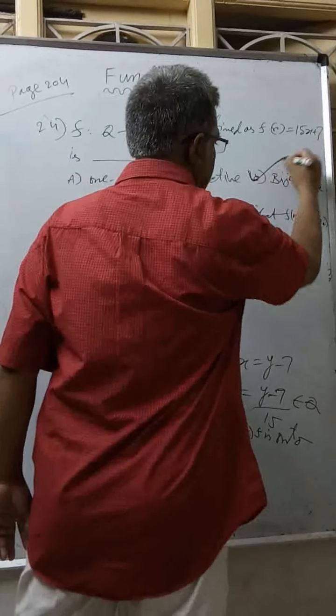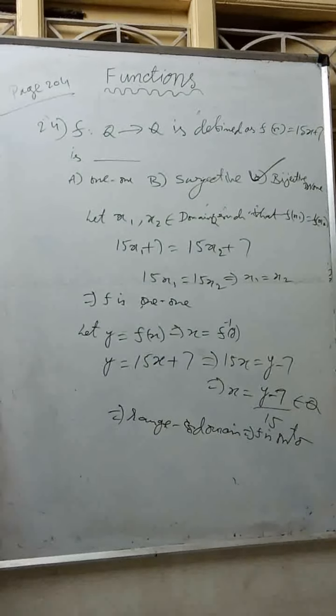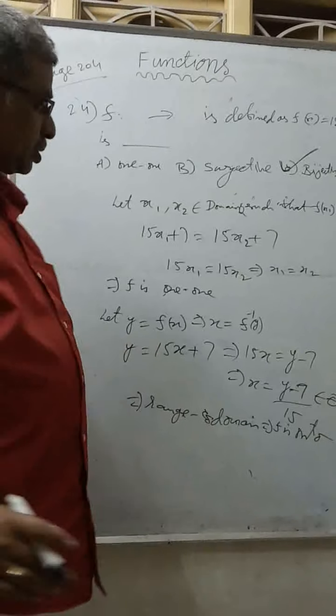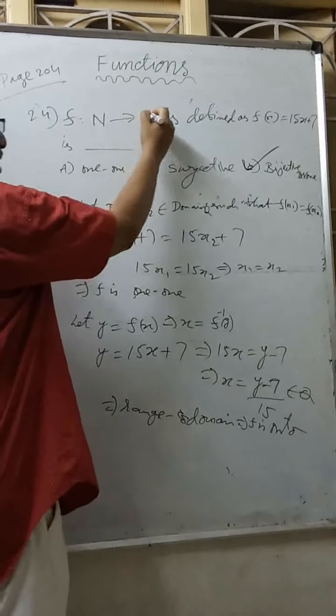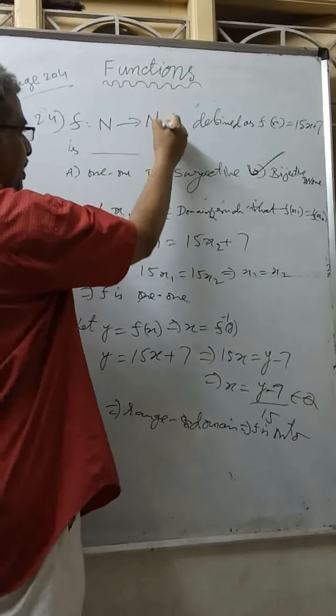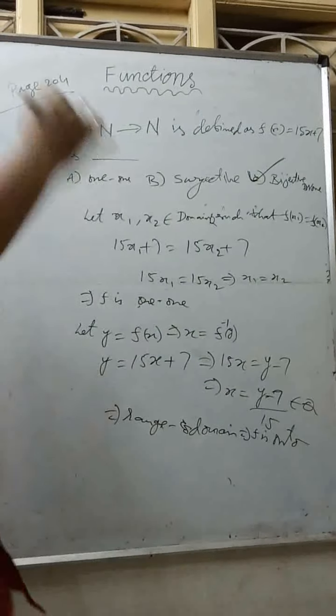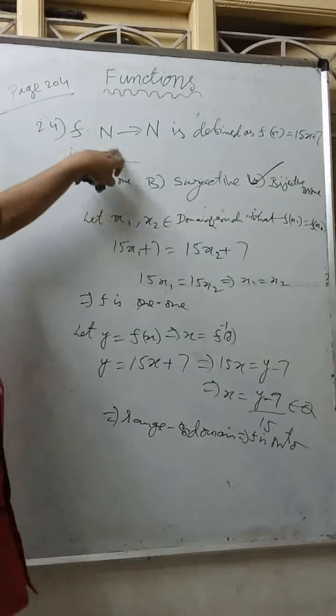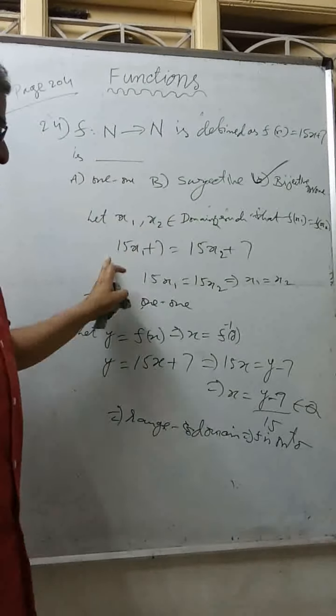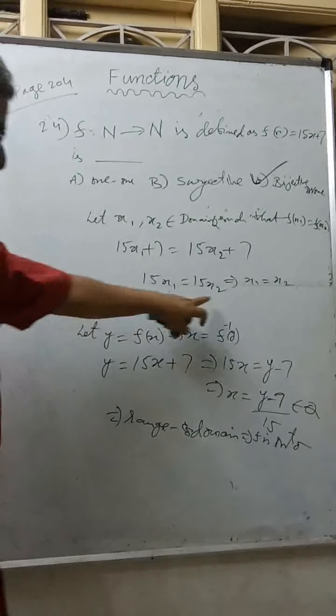Option C, f is bijective. If the same sum is given, but instead of Q to Q it is from N to N, now check it. What are you going to get? If f is a mapping from N to N, it is still one-one, no problem. Till this, no change.